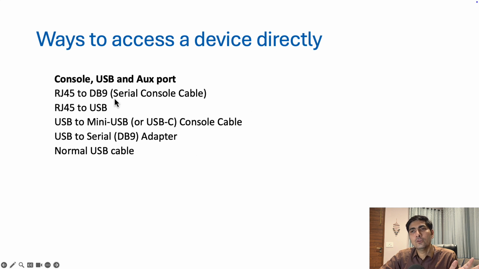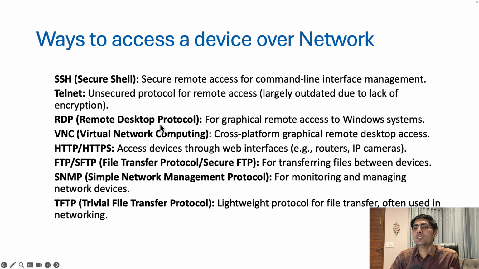Okay, so console is also out of band. You can also set your credentials. I'll talk about all of these things as we progress. And then there's a normal USB cable, both ends USB, connect, do your work, right? So these were the ways, directly and over the network. So you must know all of these methods.